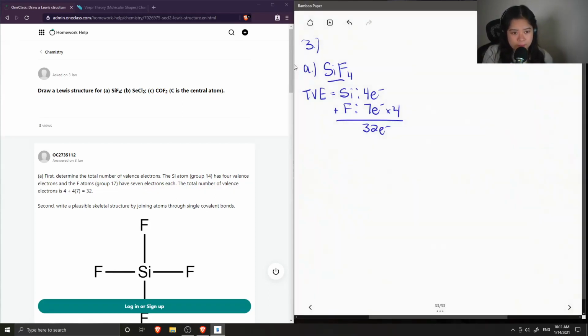So now let's just write our central atom. I can move over a bit. That is single bonded to our 4 fluorine atoms. And then I'm also going to draw in all of the lone pairs.